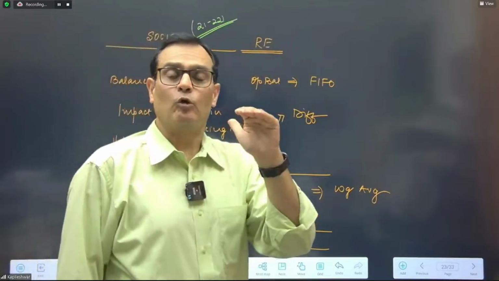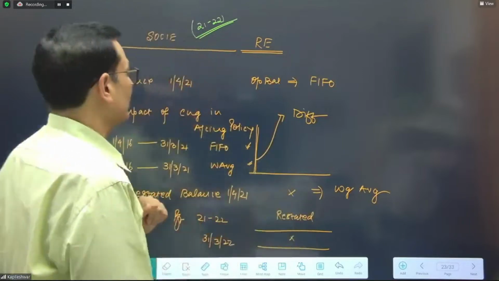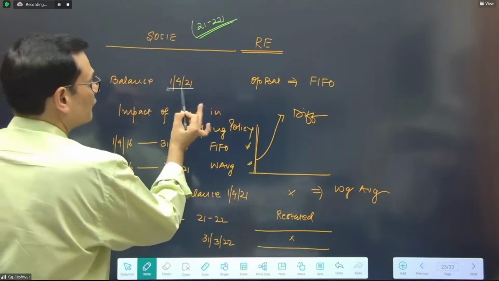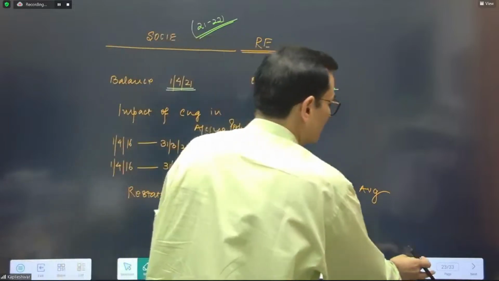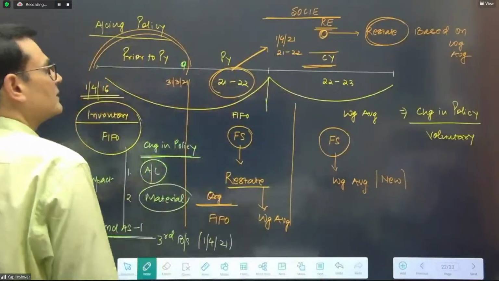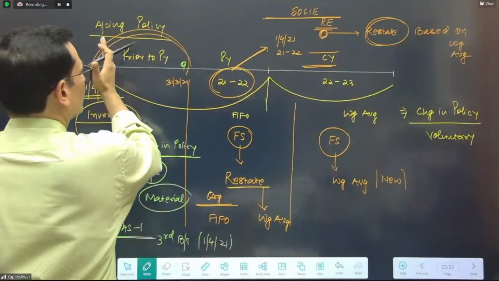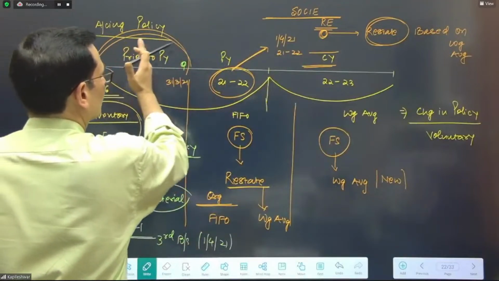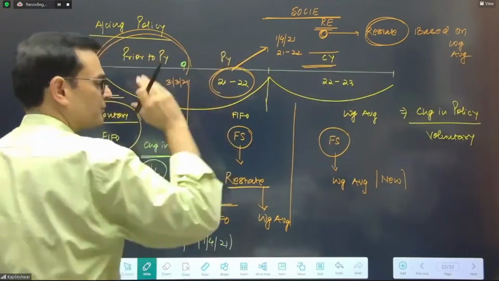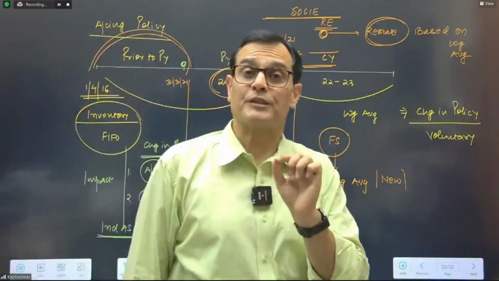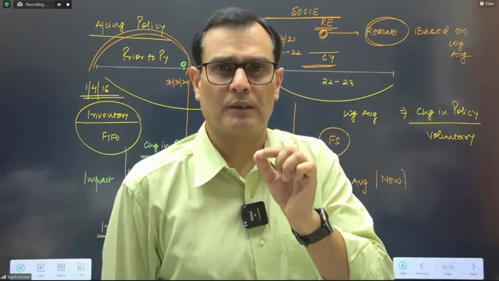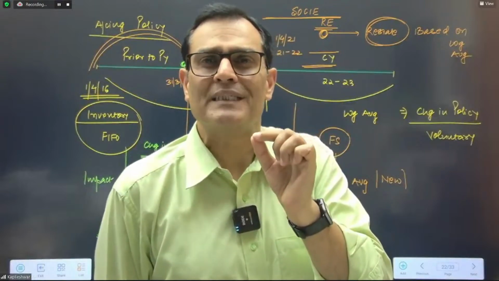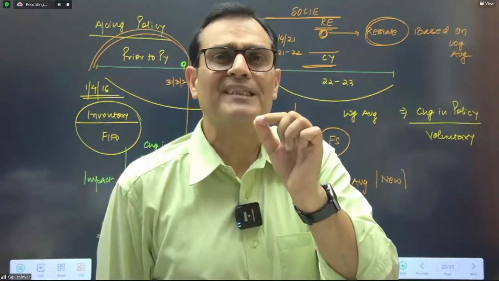So you will take an opening balance on 1st April 21. This opening balance on 1st April 21 is based on first in, first out because the company had been applying a FIFO basis in the previous years. So your opening balance in the books of accounts is based on FIFO. You need to change this opening balance to weighted average, and that is called a restatement.